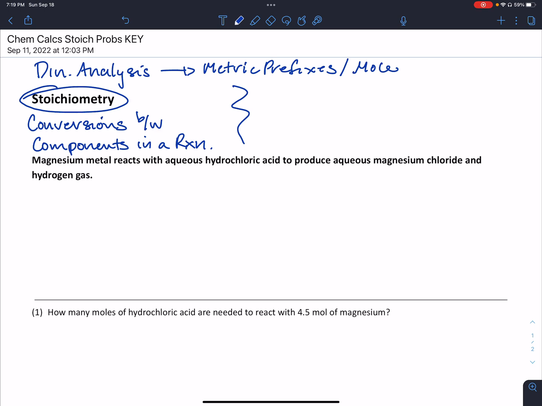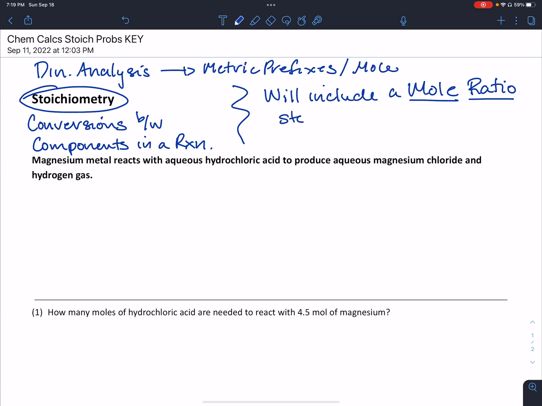All of these problems are going to have one thing in common. They will include a mole ratio step, and that mole ratio step comes from the coefficients in that reaction.